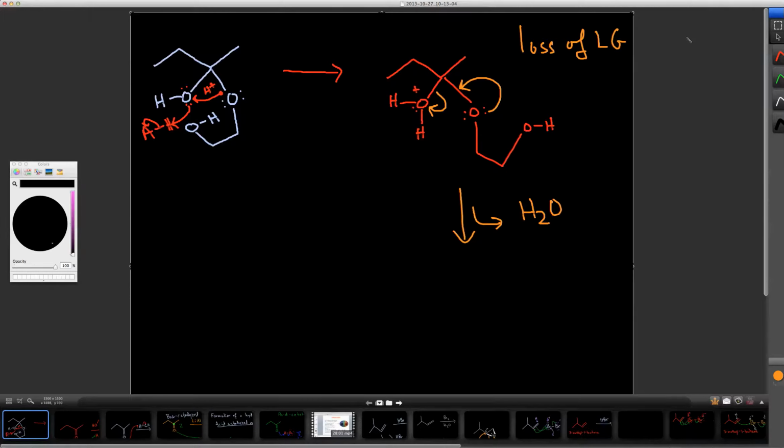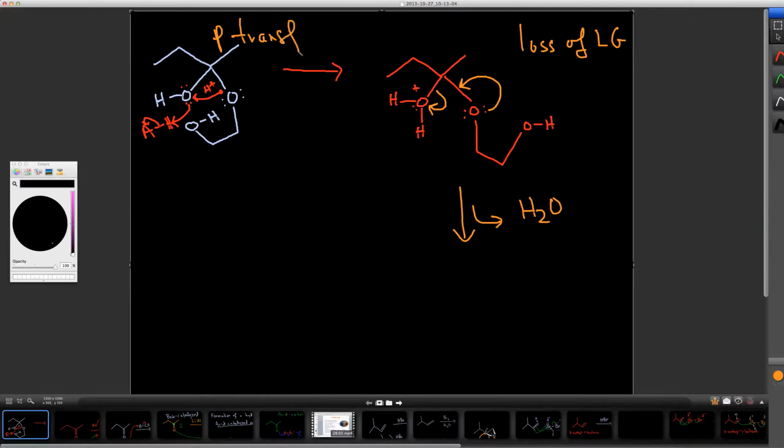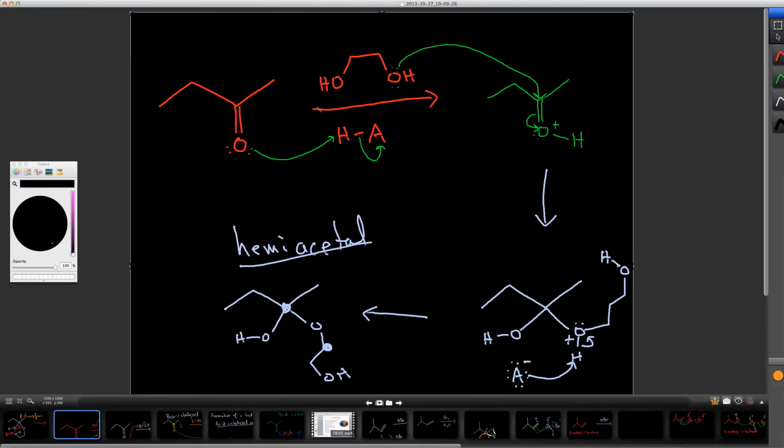One of those four patterns that we've seen. This is a proton transfer. And if we go back, this was a proton transfer. This was nucleophilic attack.